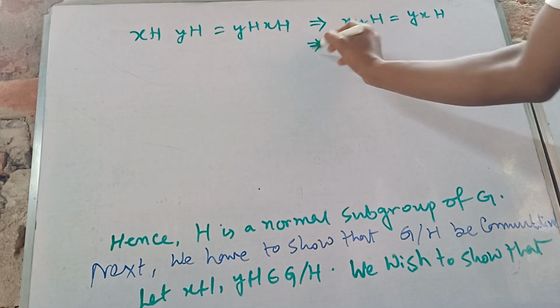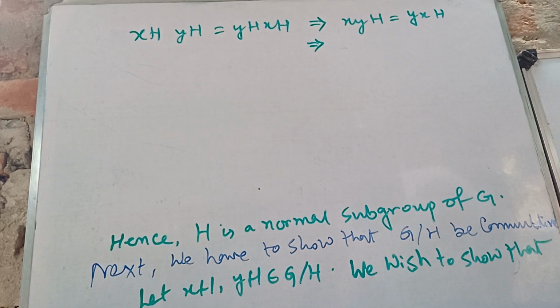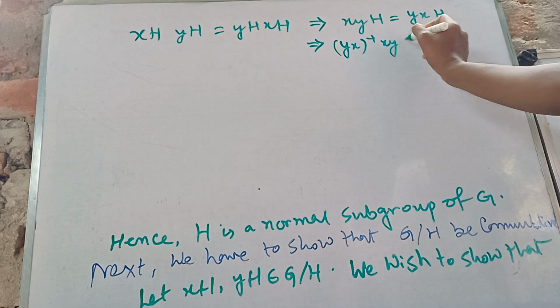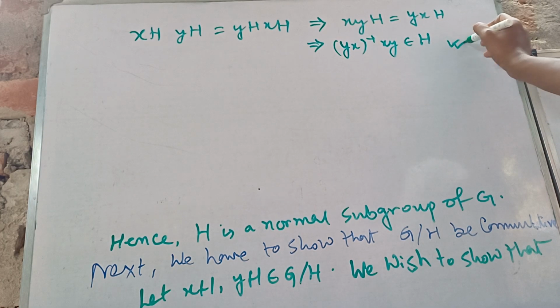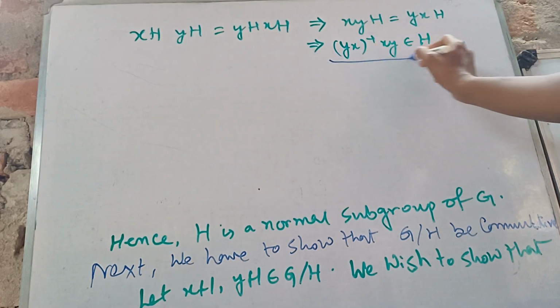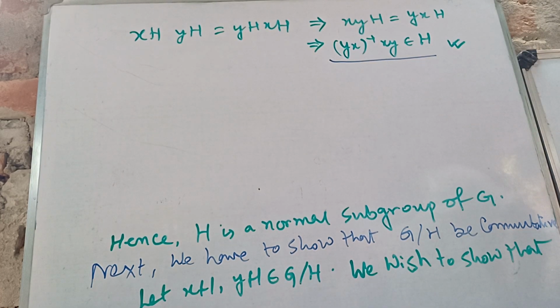This implies that (yx) whole inverse xy belongs to H. That means if we show this one, then we obviously get that G quotient H is commutative. So now we have to show this portion.